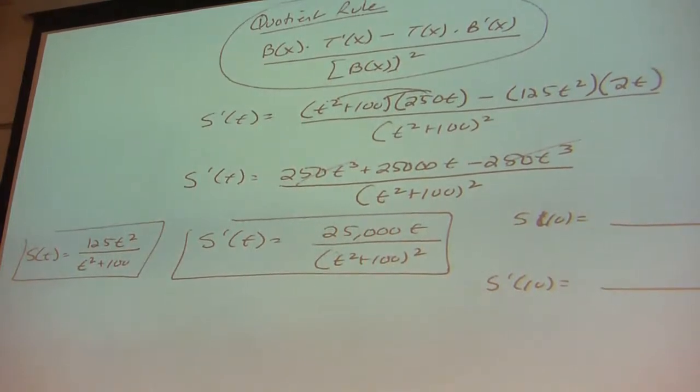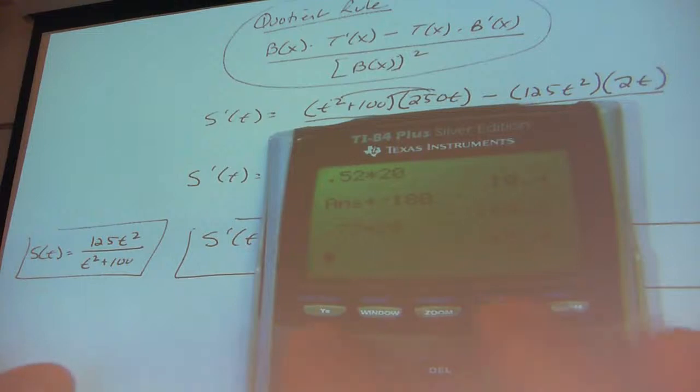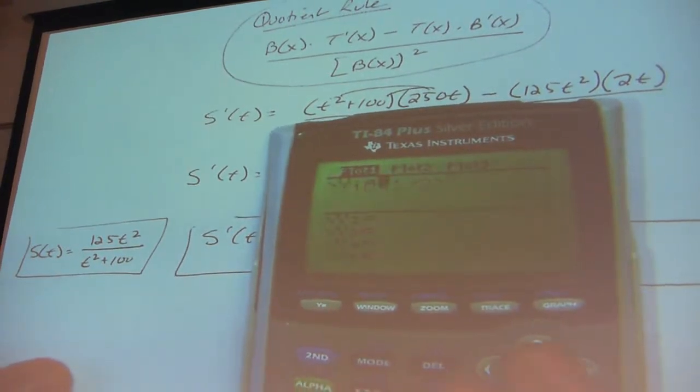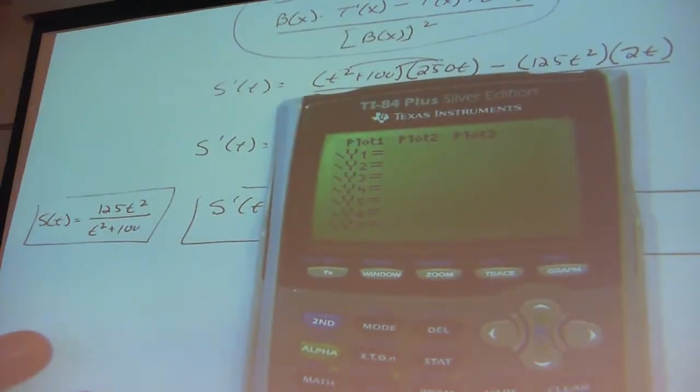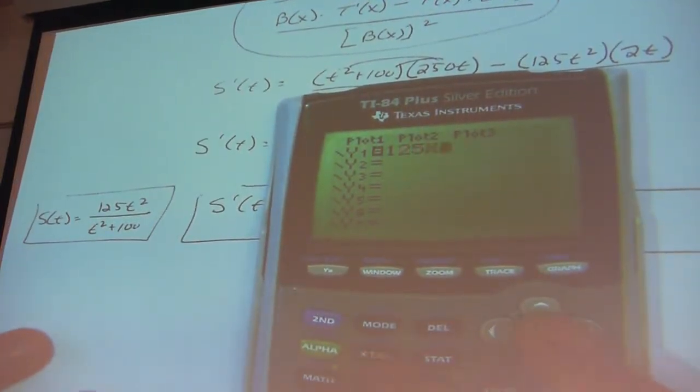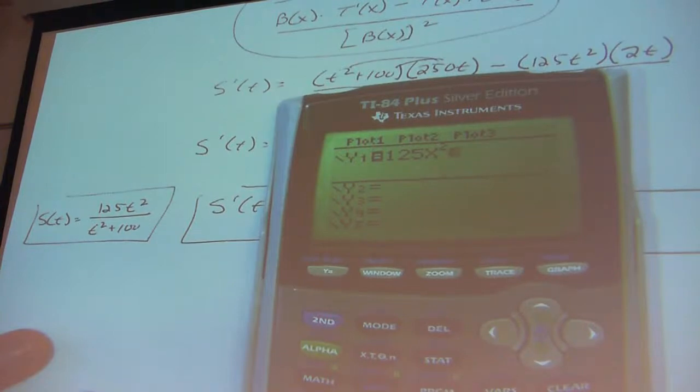All right, so let's see how we're doing. I'm going to go to my calculator. Be very careful how I type this in. I go to Y1, turn off my plots, just make sure I have a clean calculator. I'm going to put 125x squared divided by parenthesis x squared plus 100, enter, that's my original.